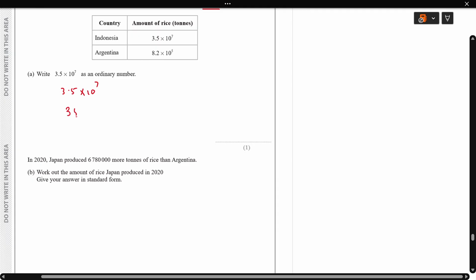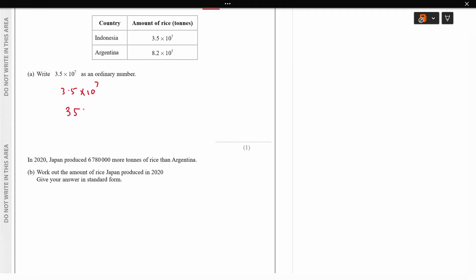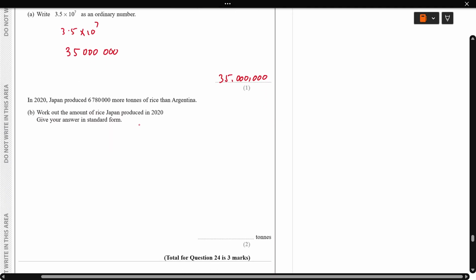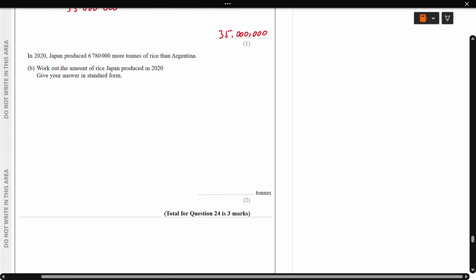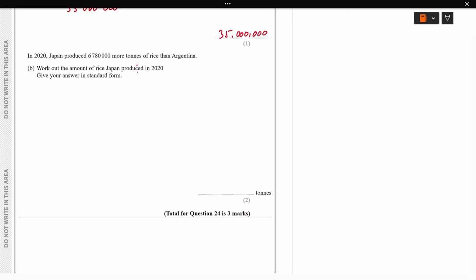So 3, 5, then we need to add 6 zeros: 1, 2, 3, 4, 5, 6. So which is 3, 5, 0, 0, 0, 0, 0, 0. This is the answer.